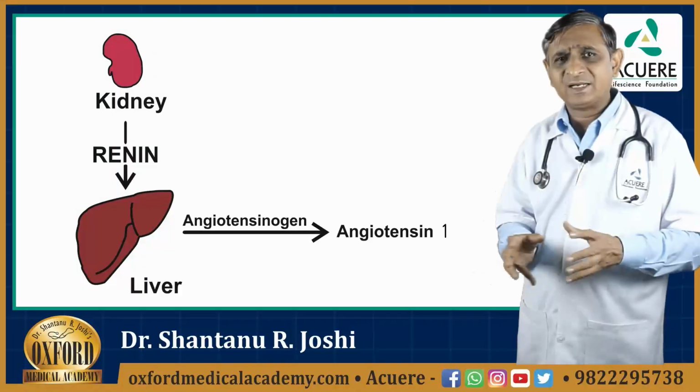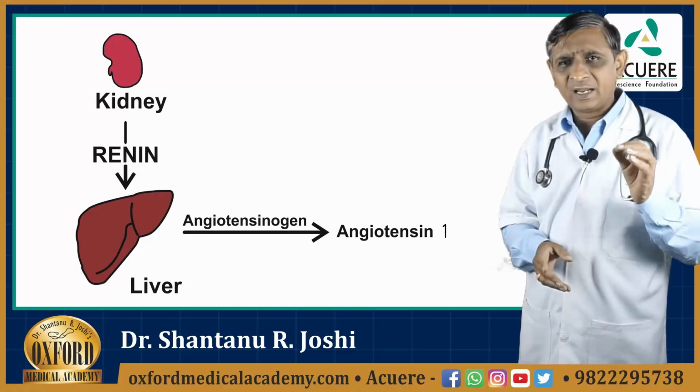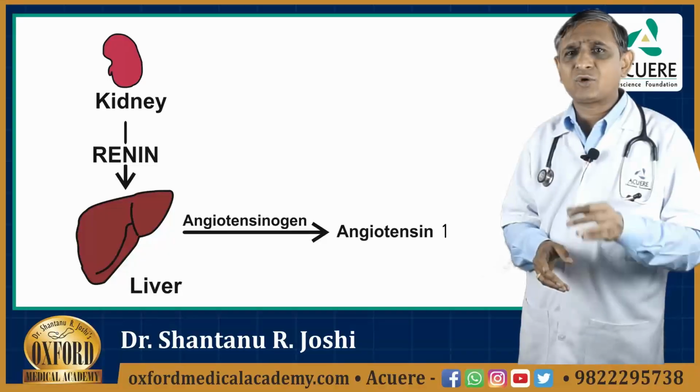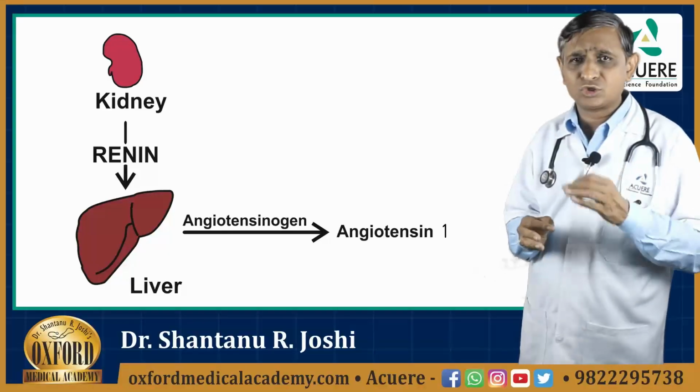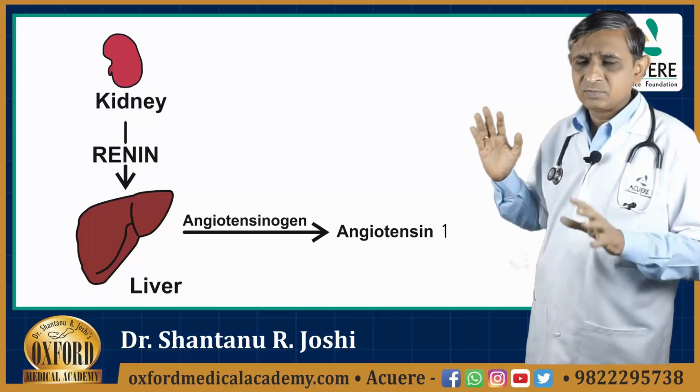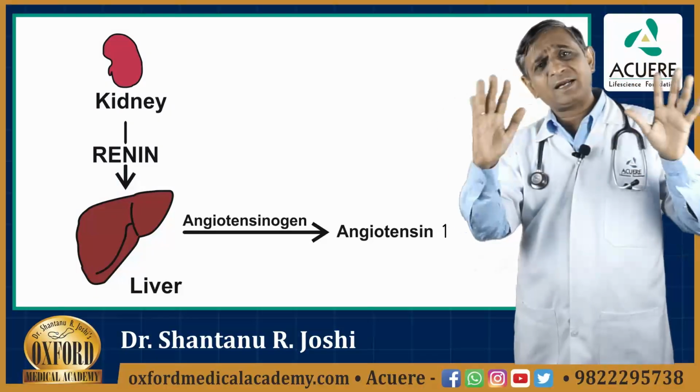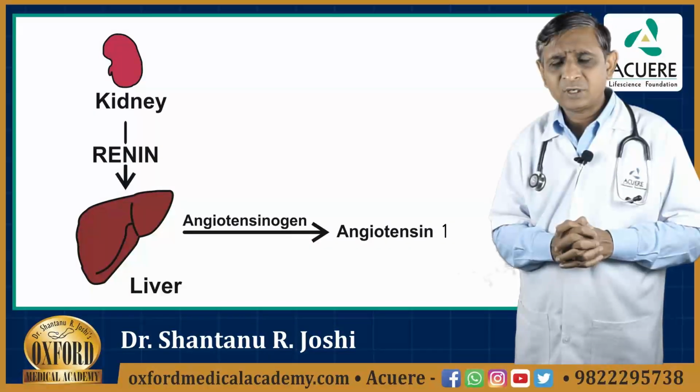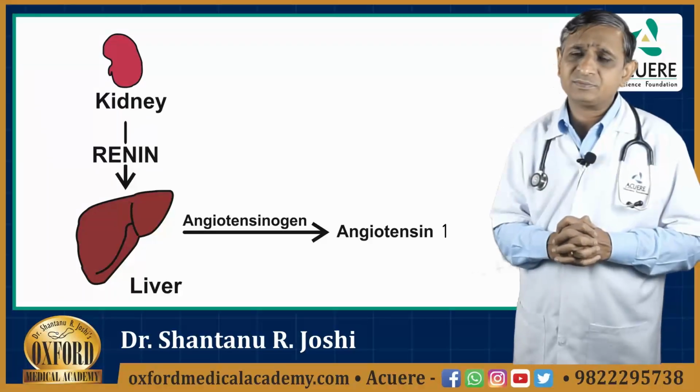Angiotensinogen is present in the liver. Renin stimulates the conversion of this angiotensinogen to angiotensin 1. This angiotensin 1 is an inactive substance. It does not have any pharmacological action.